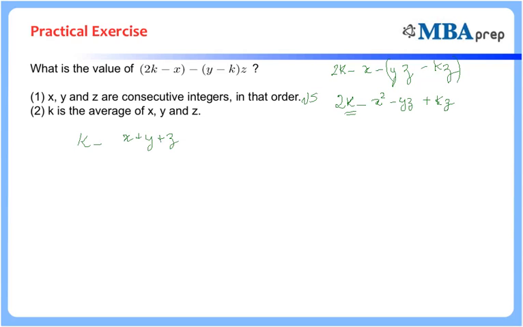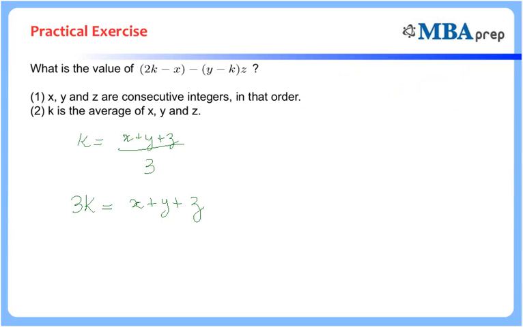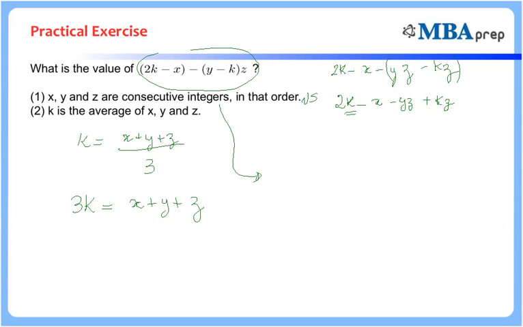Let's see what happens. Pass it to the other side. 3K equals X plus Y plus Z. So, as far as we might think, not sufficient, but if K is the average, let's see what we can do here.